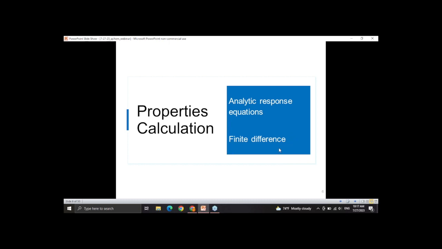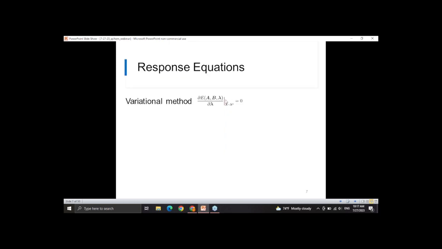So let's first go over the first way, which is the response equations. I first consider variational methods such as HF or FCI. Our energy, we can write that depending on two external perturbations A and B, and lambda, which is a general wave function parameter.